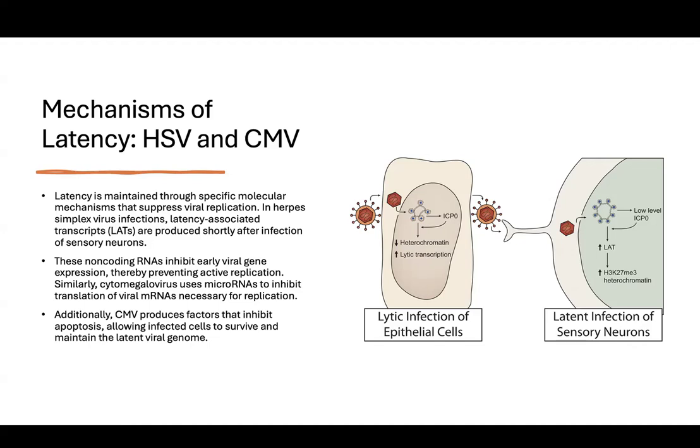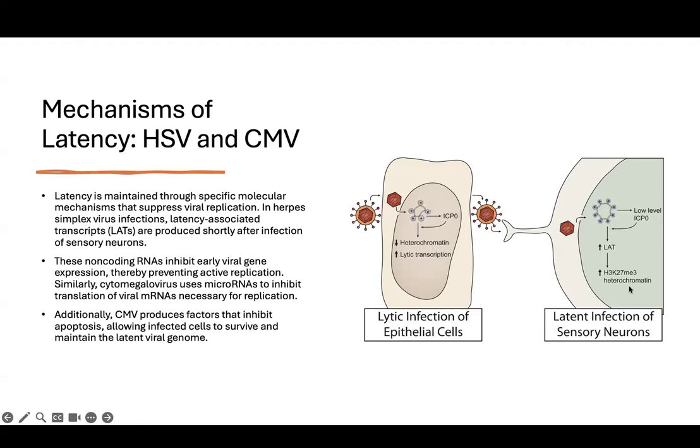These are small little RNAs that inhibit mRNAs. They literally turn on machinery within our cell to destroy certain mRNA transcripts. So they produce these transcripts that shut down viral mRNAs from being translated. That's what they do.